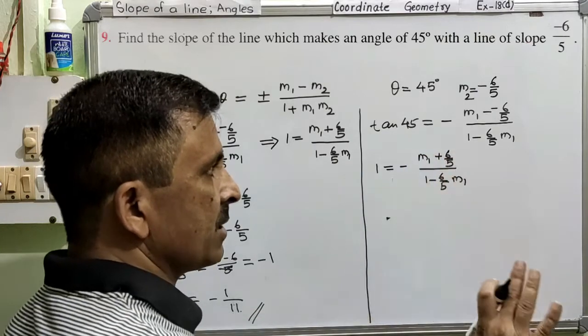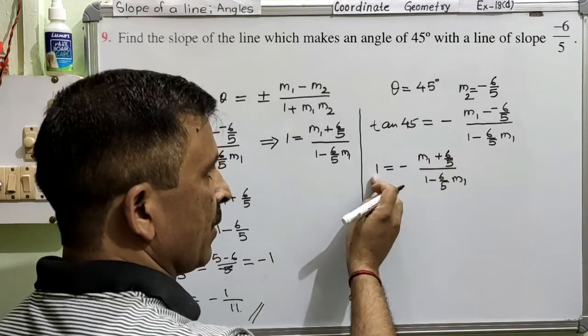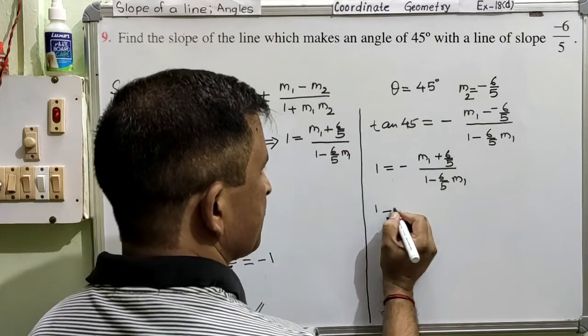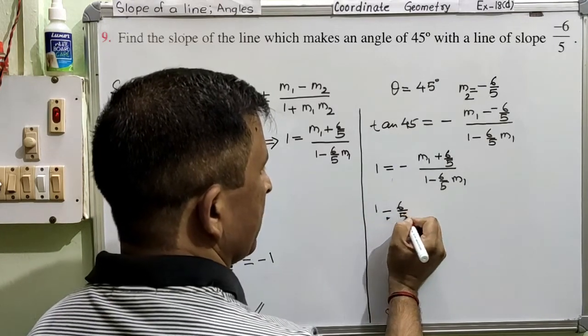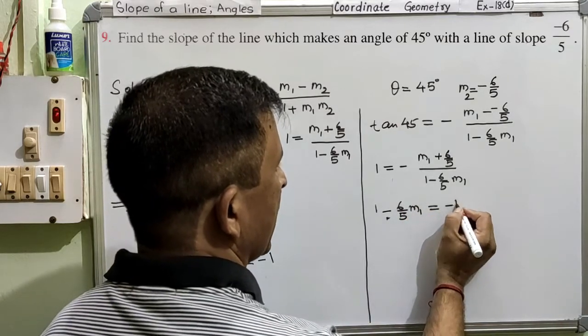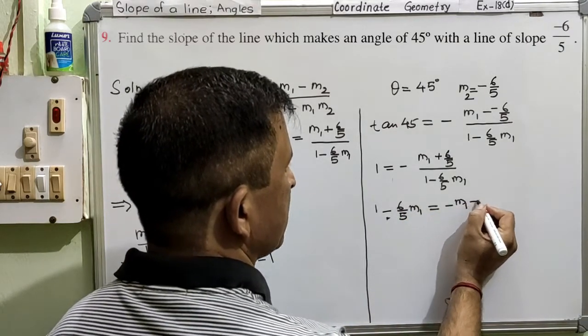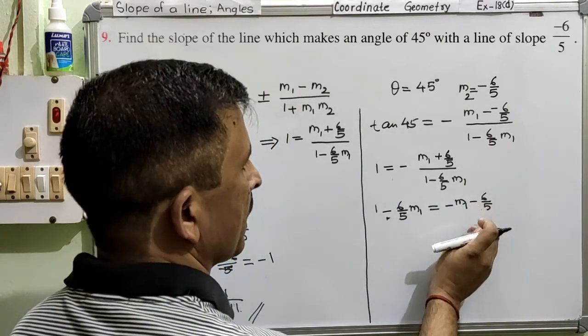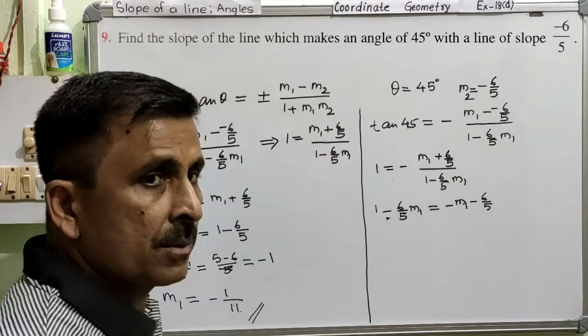Both the term sign will change. And this will be multiplied by 1, so it will remain as it is. So 1 minus 6 over 5 m1. And then this side will become minus m1, and this is minus 6 over 5. Hope I am clear to you.